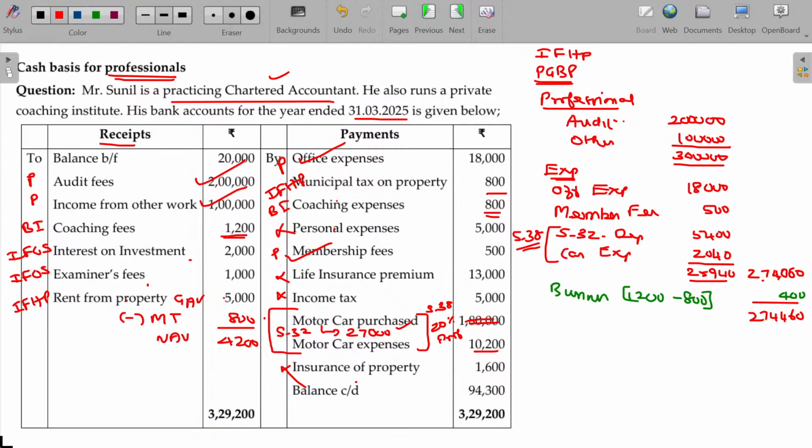From that, municipal tax is subtracted. NAV minus standard deduction at the rate of 30%. How much is that? 1,260. Balance being 2,940. Apart from that, I had to go for income from other sources.